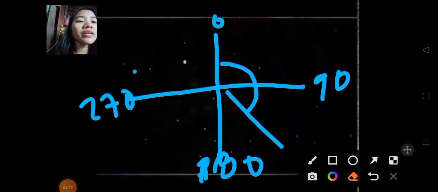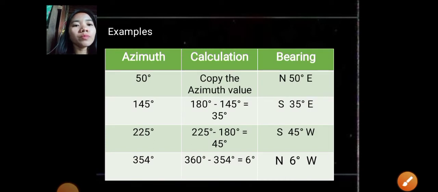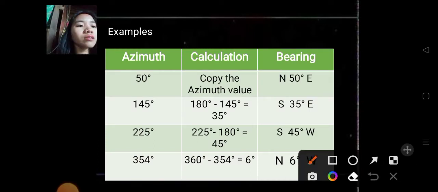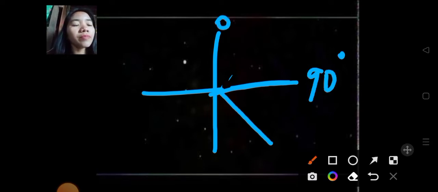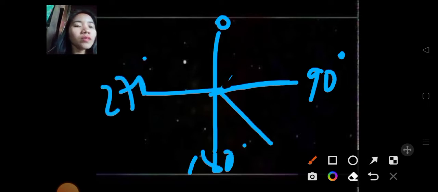So, 180 minus 145 degrees is equal to 35 degrees. Since it is clockwise, here is our 145 degrees, then 180 and 270.